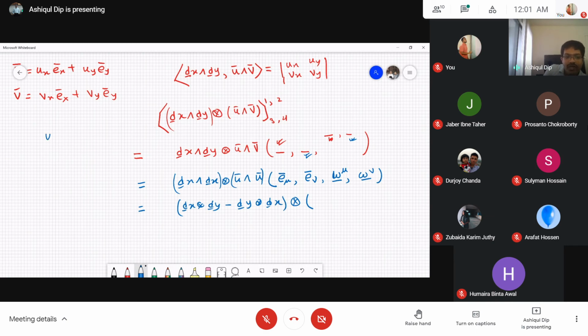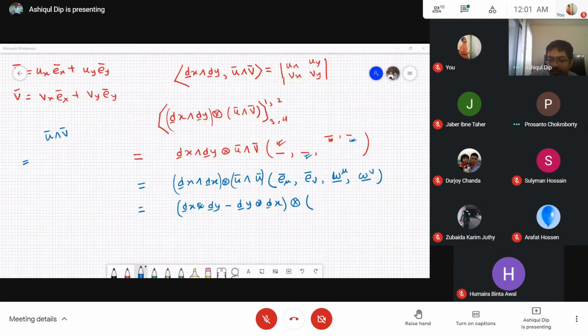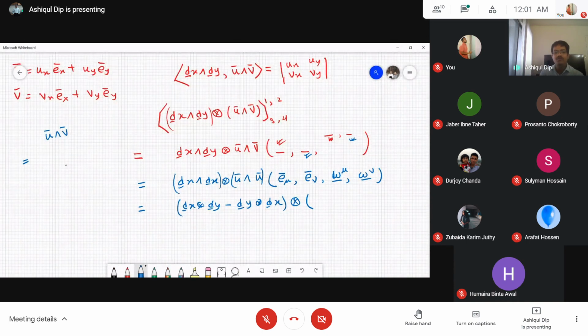What is u wedge v? Can you tell me? u times v minus v times u.